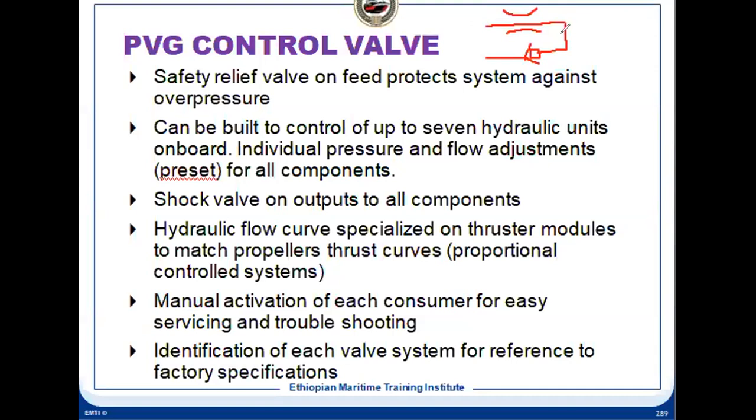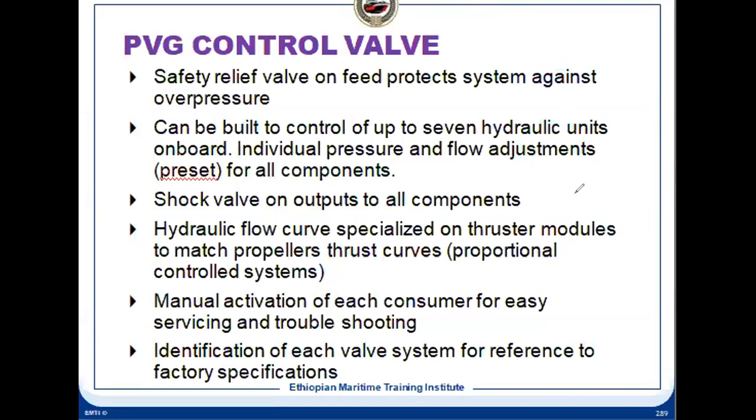When it is going in this direction, the high flow will be there. But when it is releasing the pressure, this is the check valve, it cannot flow like this. So it will go to the drain through this, so that slowly the load will be reducing. The shock valve is provided for that, so that a sudden surge is not there.